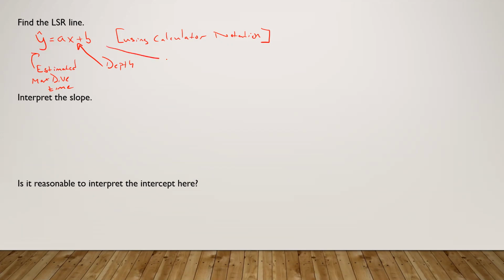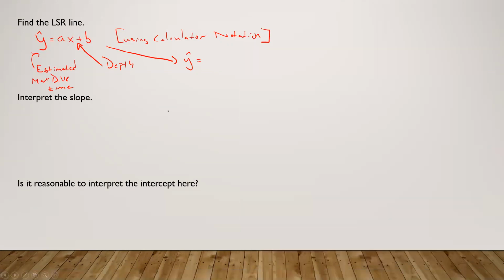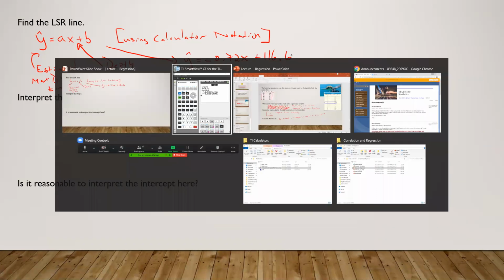So our calculator, y hat is equal to the slope, looking here, was negative 0.72 times x, the depth, plus, I think it was 116.6.